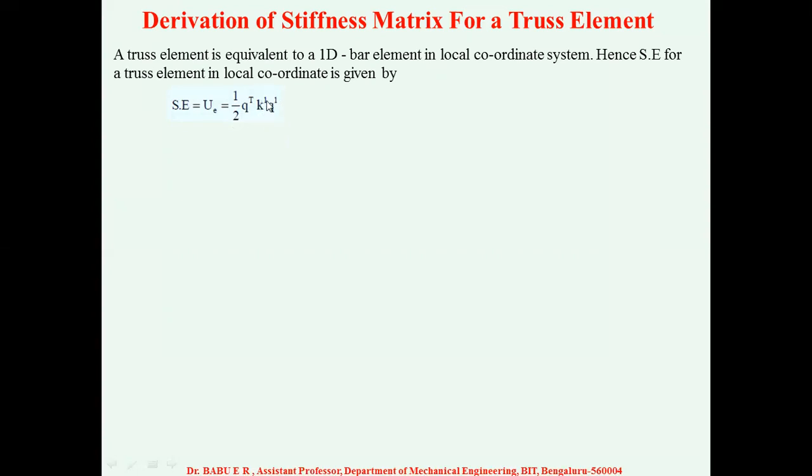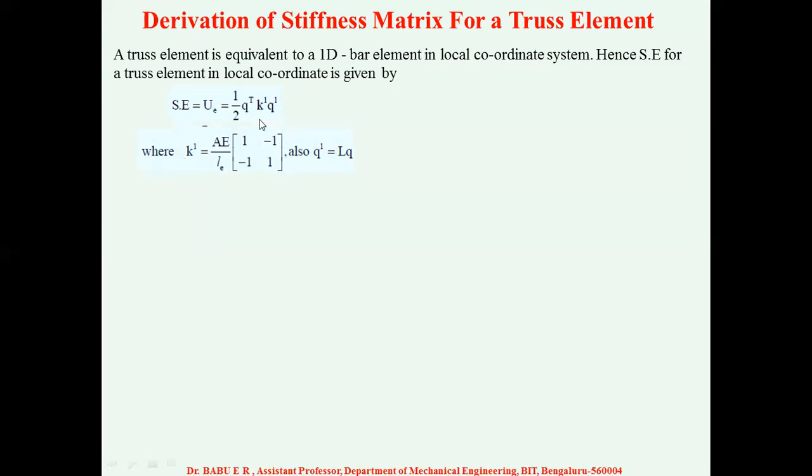K dash is the stiffness matrix of a truss treated as a bar element, Q dash is the nodal displacement in local coordinate system, and Q is the global displacement vector represented in global coordinates. The value of K dash is AE by LE times [1 -1; -1 1].